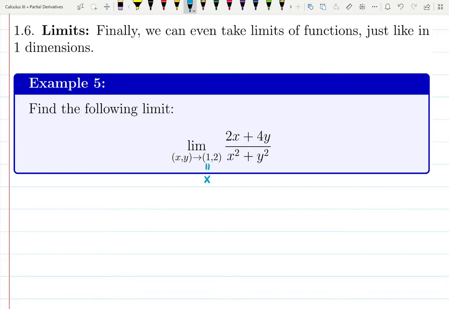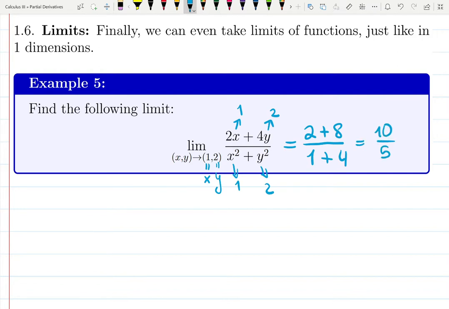This is x, this is y. So x goes to 1, y goes to 2. The answer is 2 times 1 is 2, 4 times 2 is 8, 1 squared is 1, 2 squared is 4. So it's 10 over 5, which is 2. Makes sense?